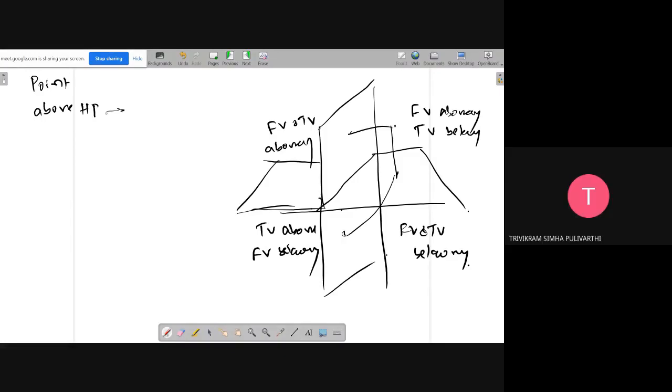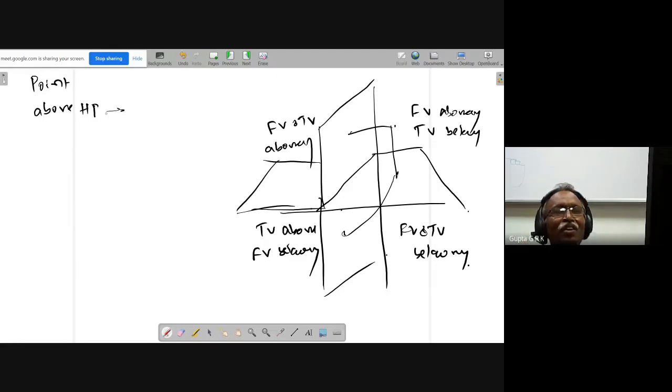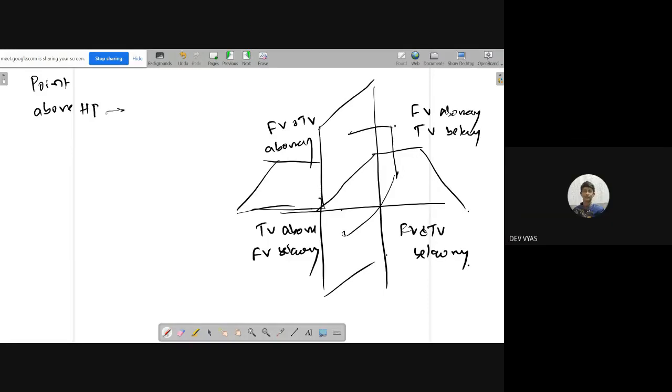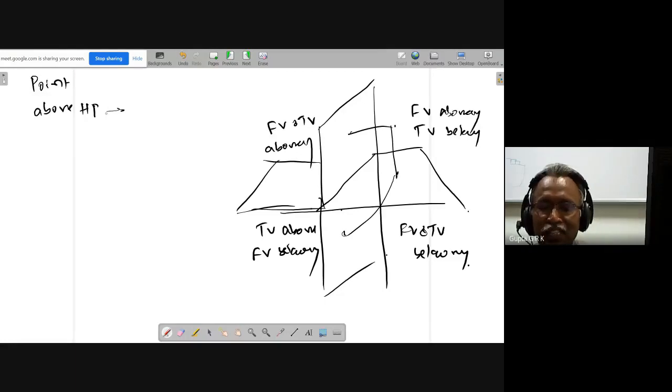No, sir, it depends on the quadrant. I don't know the quadrant. It is given a point is above HP. Can I tell anything about front view or top view? Front view will be above. Okay. So it is either in the first quadrant or second quadrant, right?